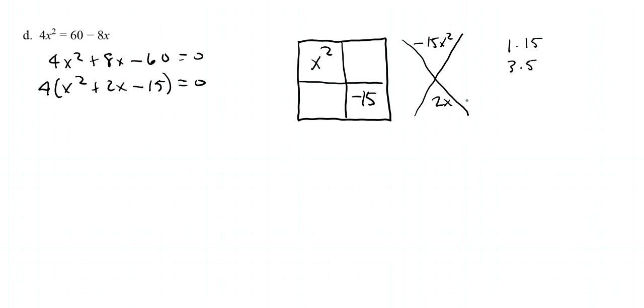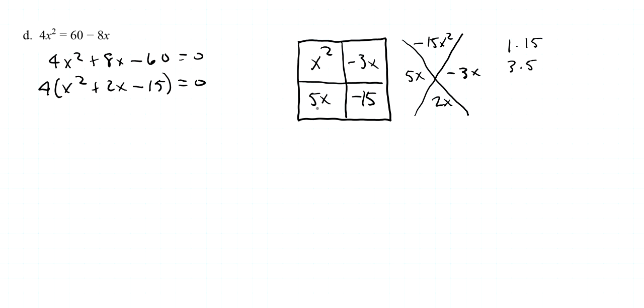So 3 and 5 will give me 2, and I want it to be positive, so that's going to be 5x, and that's going to be negative 3x. So 5x times negative 3x gives me the negative 15x squared, and then when I add them, I get the sum of 2x. So this is 5x and negative 3x.